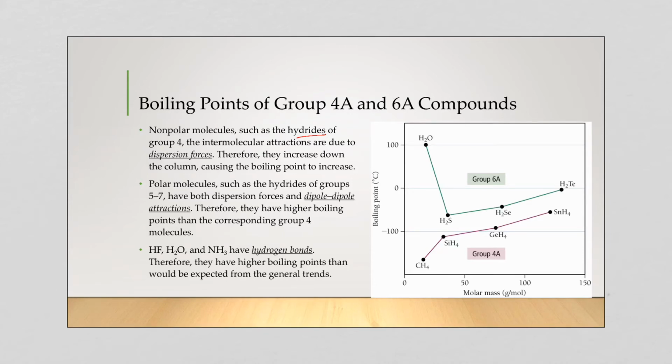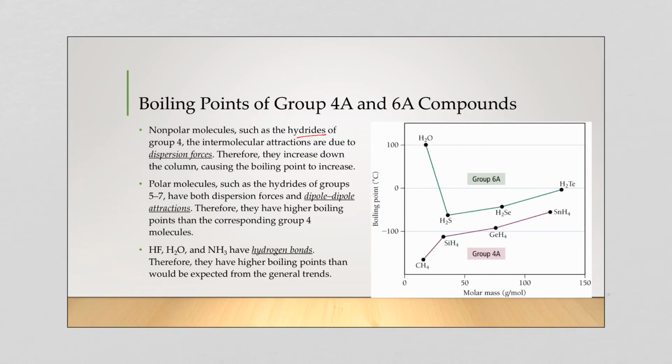These are first of all nonpolar molecules. These are all going to be tetrahedral in structure, so they're all going to be nonpolar. They're just going to have dispersion forces. And as we might expect, we see a steady increase in boiling point as the mass goes up. But they all boil well below zero.